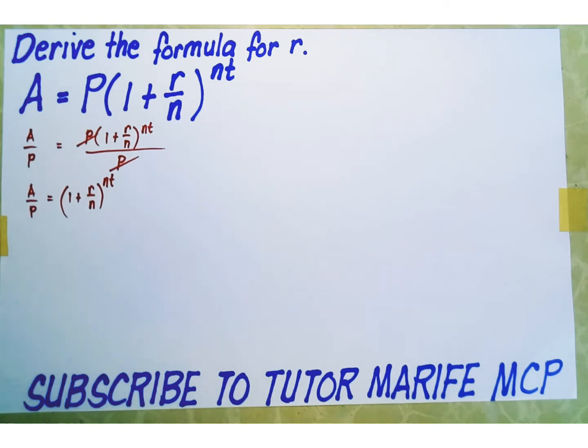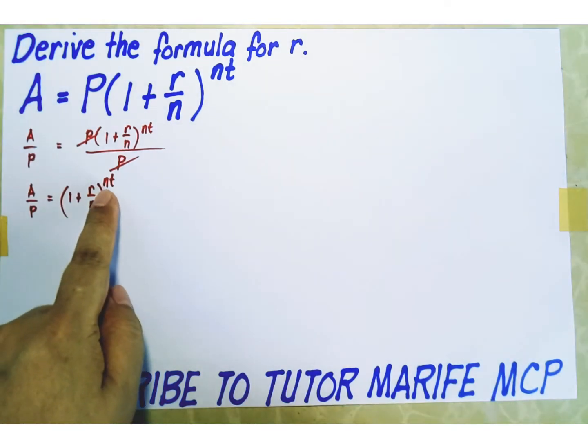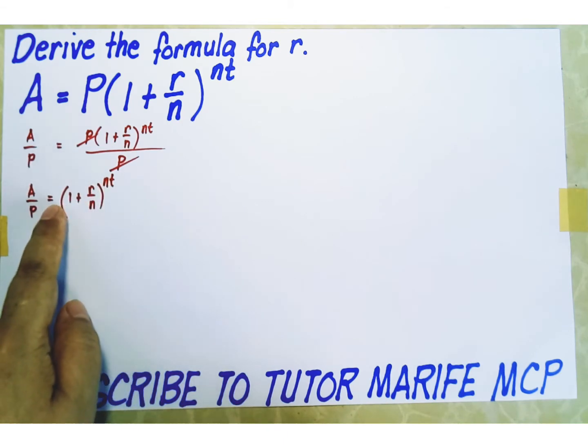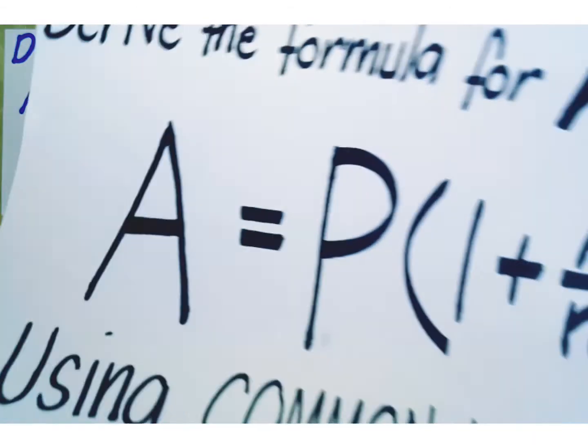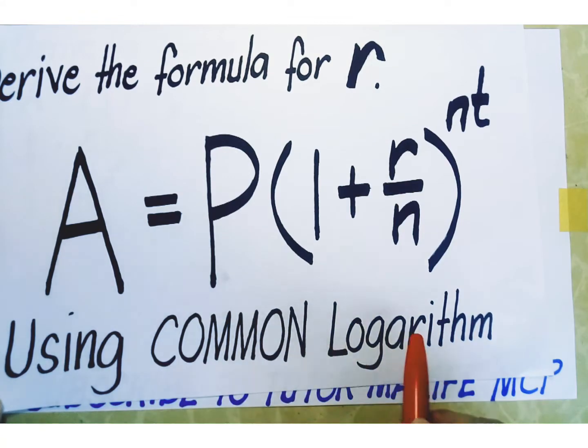Next target is to be able to write the exponent NT in front of this expression. So to be able to do that, I will use rules for logarithm. So I'll take the logarithm of both sides and I'll use the common logarithm.